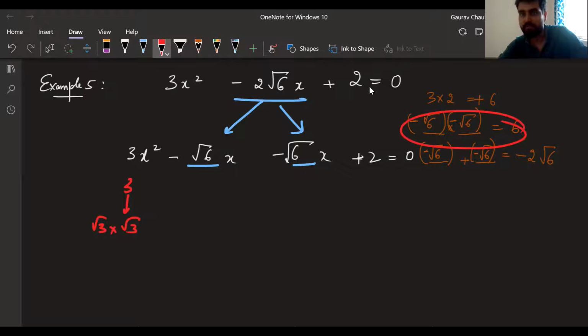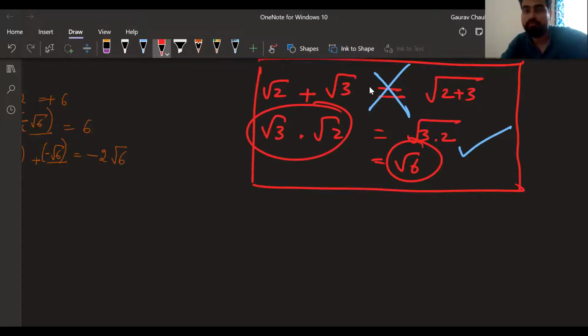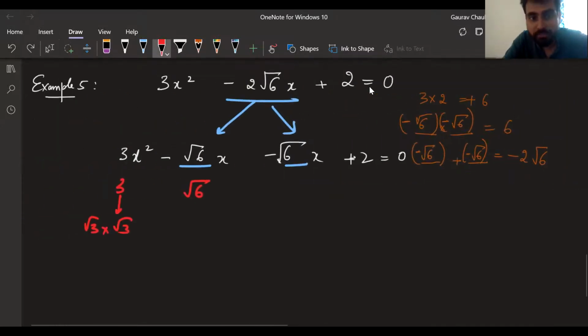Like 6 was written as root 6 into root 6, 3 can also be written as root 3 into root 3. Also, root 6 can be written as root 3 into root 2. Just like that, 2 can also be written as root 2 into root 2.